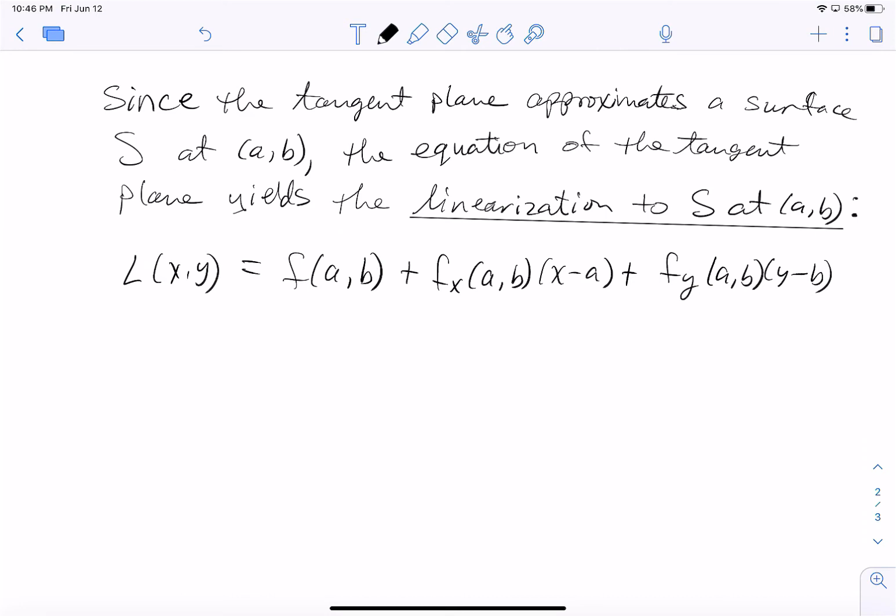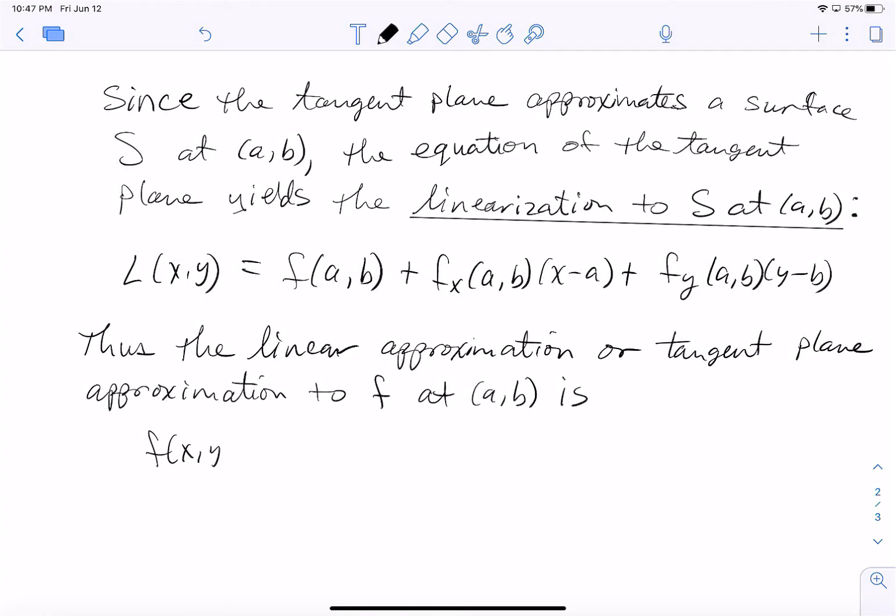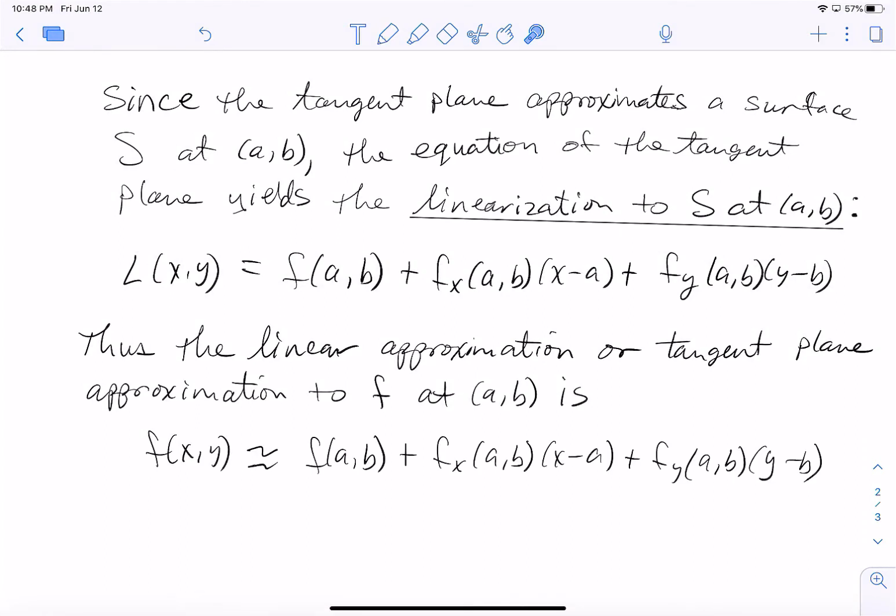As another piece of vocabulary, we can say, thus the linear approximation or the tangent plane approximation to f at the point (a, b) is f(x, y) is approximated by what we just wrote down: f(a, b) plus f_x(a, b) times (x - a) plus f_y(a, b) times (y - b).